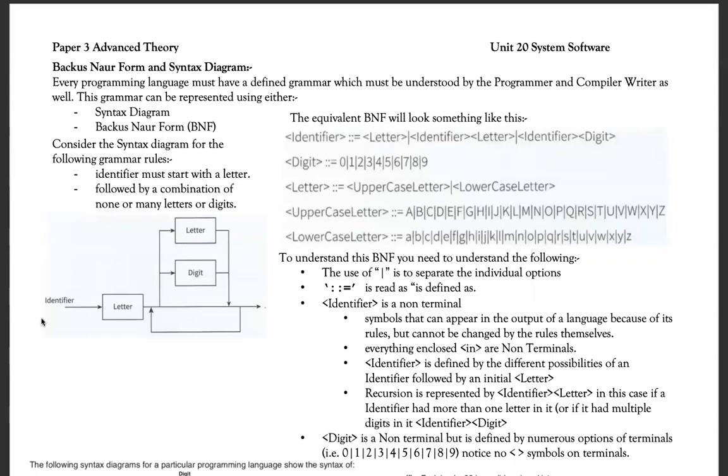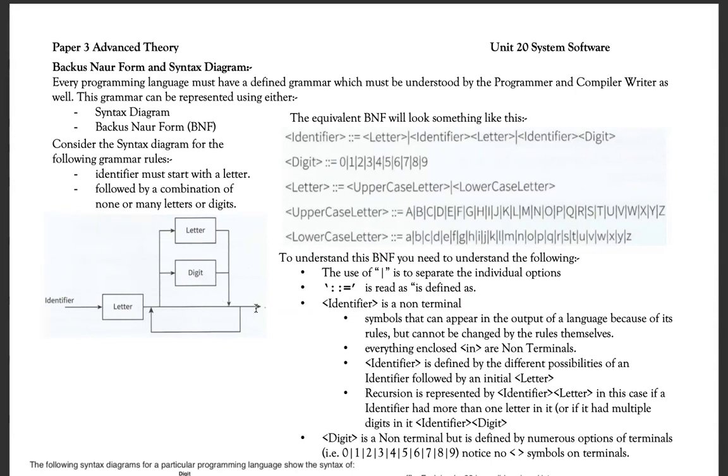Similarly, as you can see here, these arrows are used to represent the basic flow of what this rule is trying to create. So basically, this is the rule for defining an identifier. And this rule states that first, there should be a letter. And afterwards, you can have any sequence of letters and digits, any sequence.